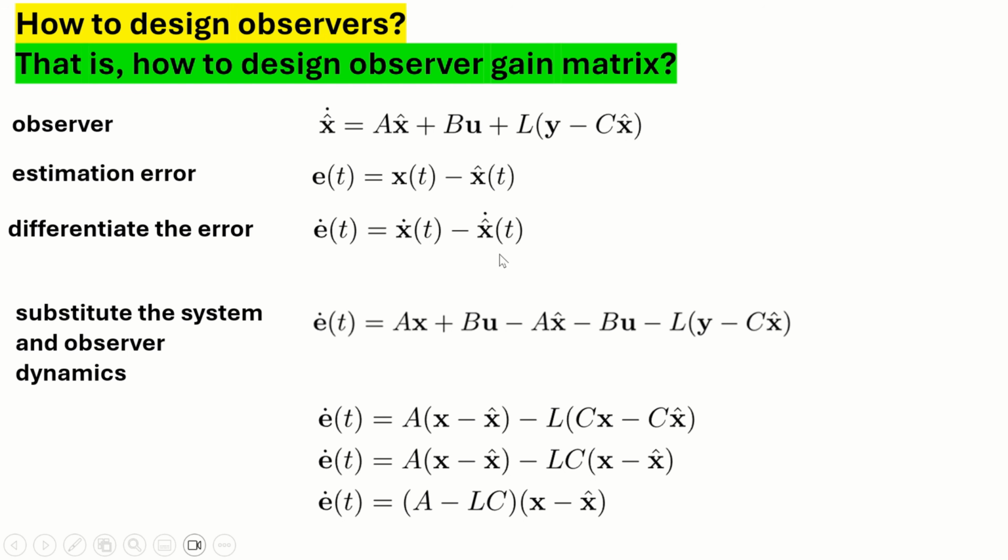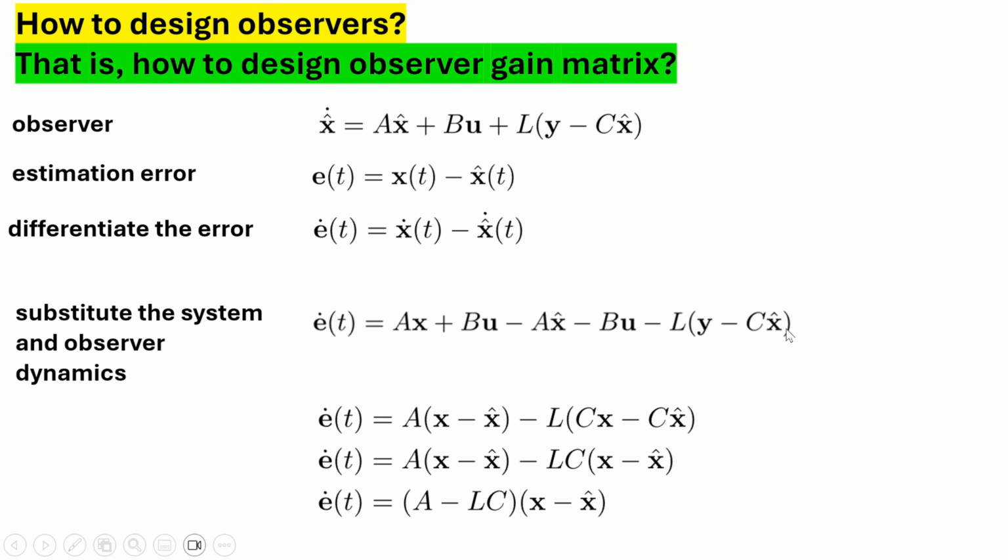Then, if we substitute the system dynamics in the third equation, we obtain this fourth equation, that is, we obtain Ax plus Bu instead of x dot. Then, instead of x hat dot, we can simply substitute the observer dynamics.